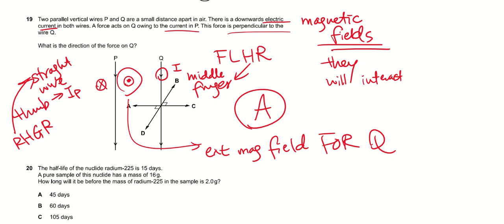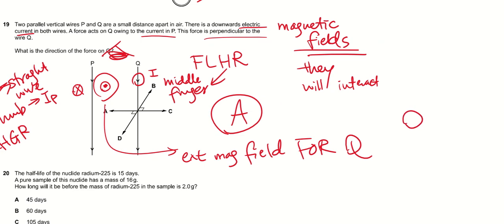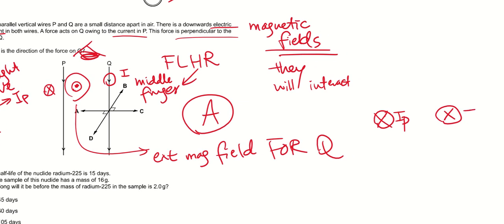But if I were to look at it from the top, I would see P's current going away from my eyes, so it's a cross. This is IP. I will see Q's current leaving as well. Then I apply my right hand grip rule. The magnetic field for Q will be this way, this way, this way, this way.